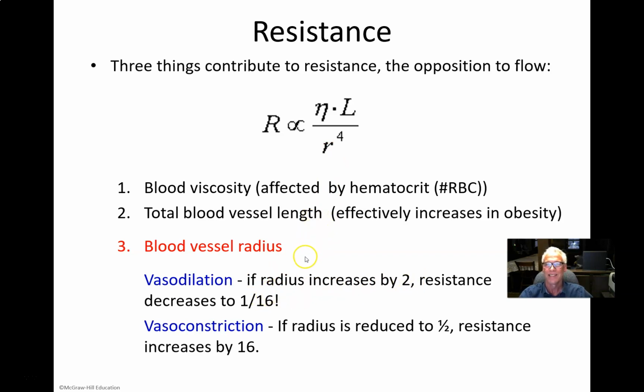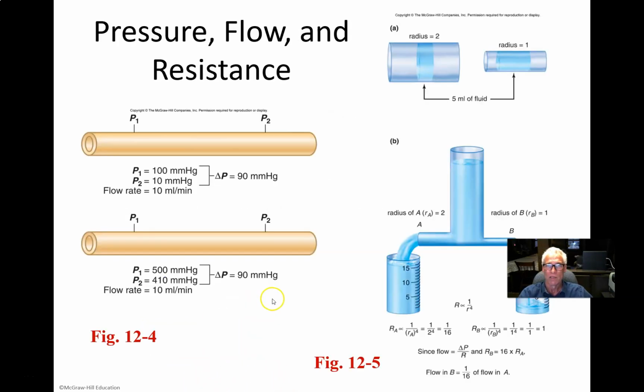It drops to 1/16 of what it was. Or, on the other hand, if we constrict blood vessels down to half their original radius, the resistance to flow through those vessels goes up by 16 times. Wow. So small changes in vasoconstriction and vasodilation, changing the radius of the blood vessels, makes a monstrous impact on resistance to flow.